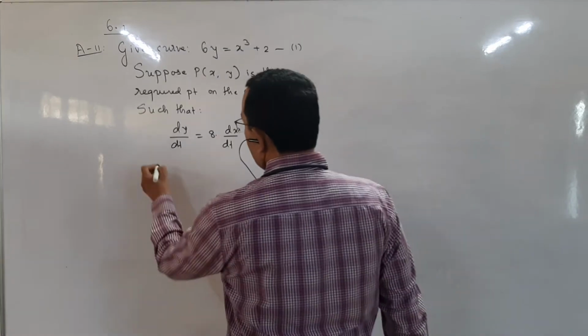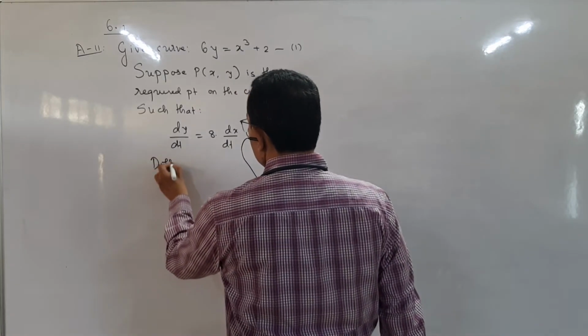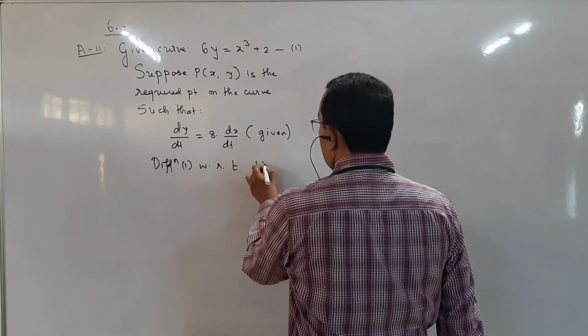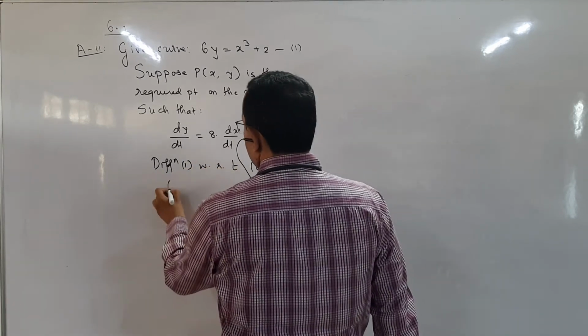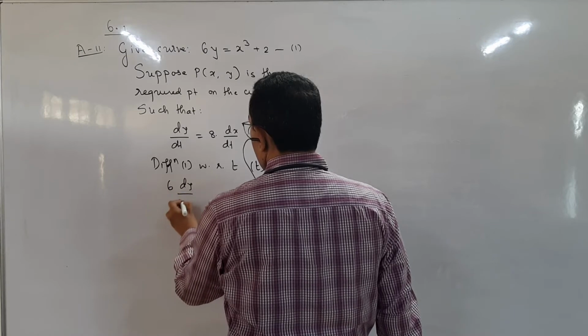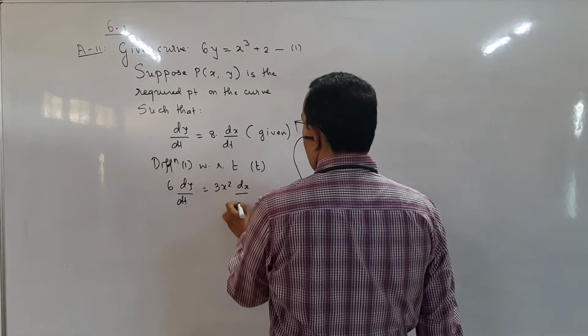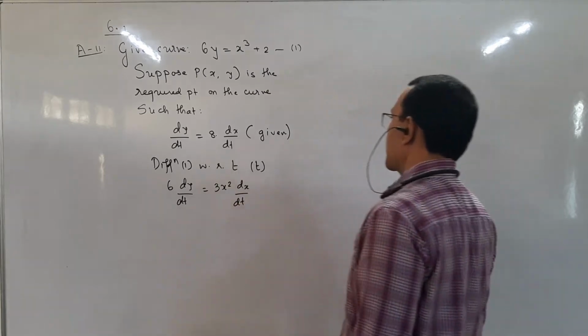Now differentiating equation 1 with respect to t, not x: 6 dy/dt = 3x^2 dx/dt.